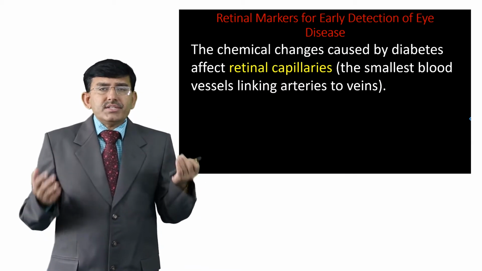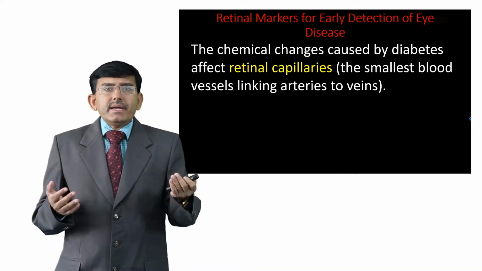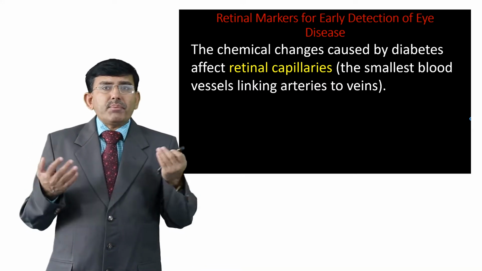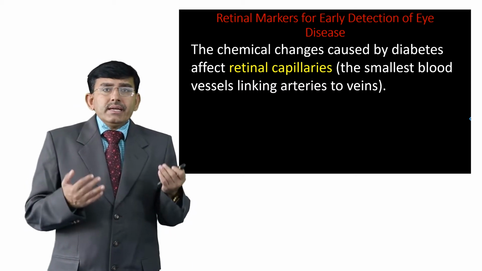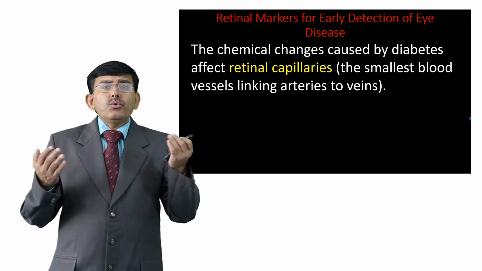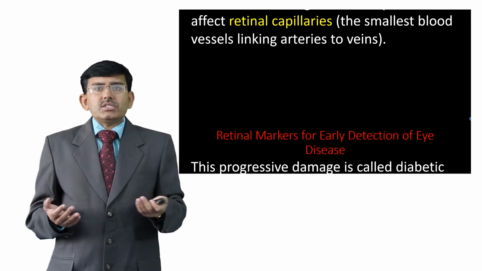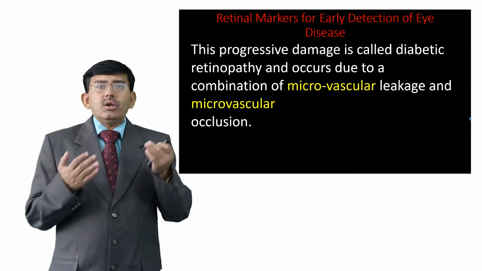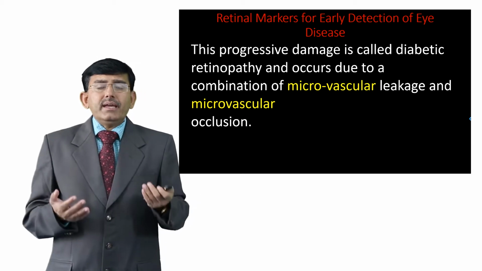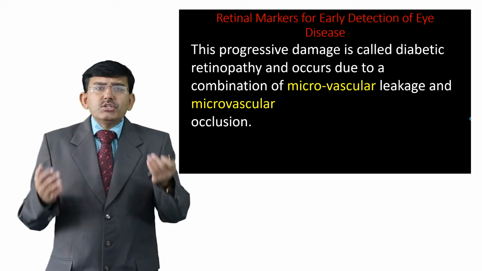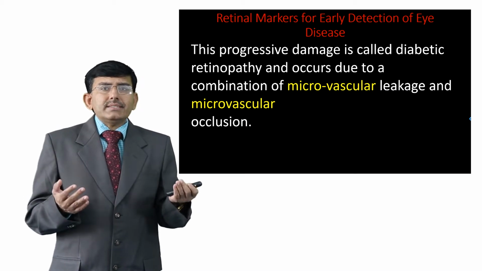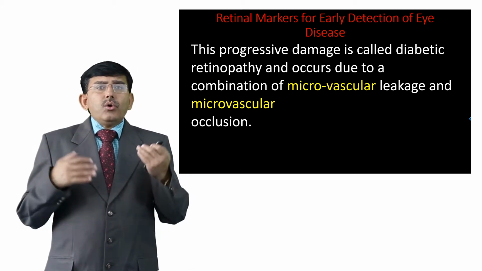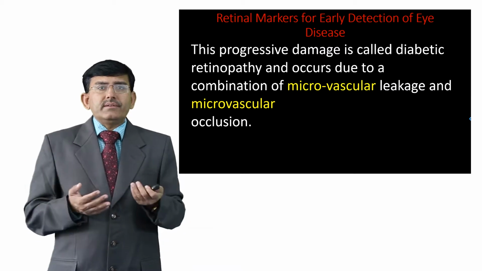The chemical changes caused by diabetes affect the retinal capillaries, the smallest blood vessels linking arteries to veins. This progressive damage is called diabetic retinopathy and occurs due to a combination of microvascular leakage and microvascular occlusion.